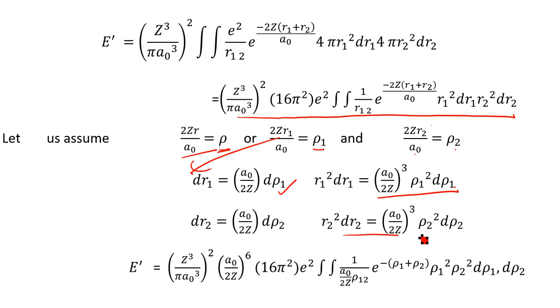Similarly r2 squared dr2 is equal to this. Now substituting r1 squared dr1, r2 squared dr2 and r12, with r12 equal to a naught upon 2Z rho 12.